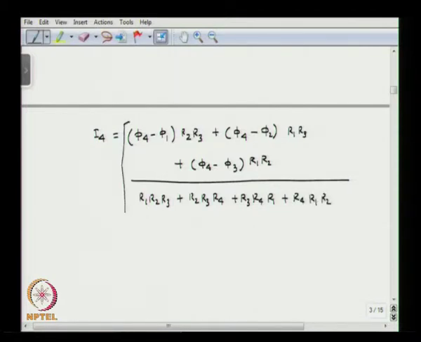So this is going to be the expression for I4.